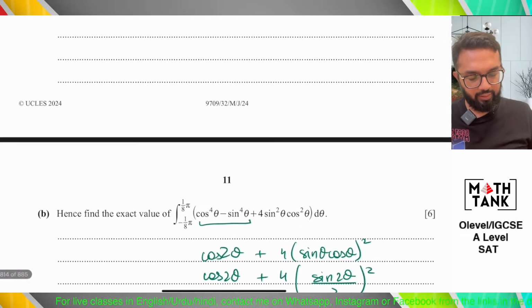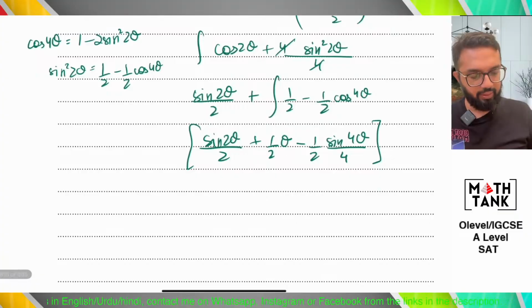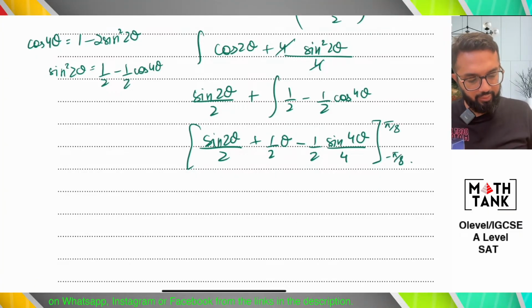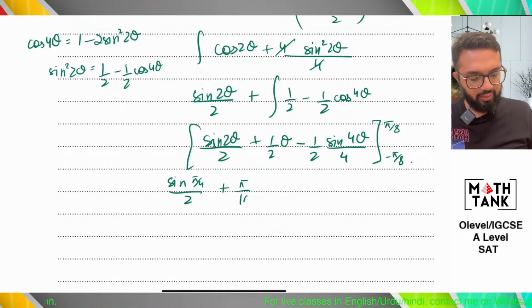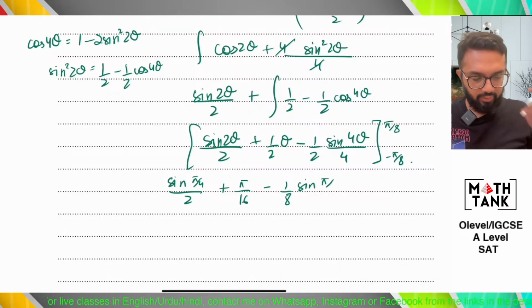And what limits do I have? Minus pi over 8 to pi over 8. So that would be sine 2 pi over 8, which is pi over 4, over 2, plus pi over 16, minus 1 over 8 sine pi over 4 pi over 2.